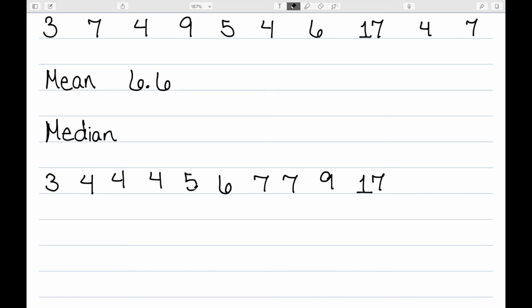So if I count out, I actually do have 2 numbers in the middle here, 5 and 6. That would give me 4 numbers to the left and 4 numbers to the right. So I actually need to average these two. 5 plus 6 divided by 2, which is 11 divided by 2, or 5.5.